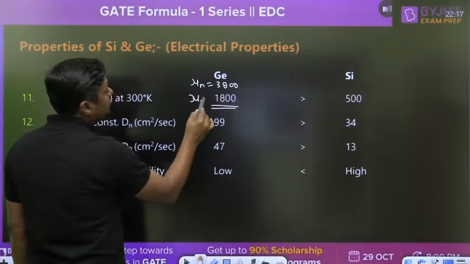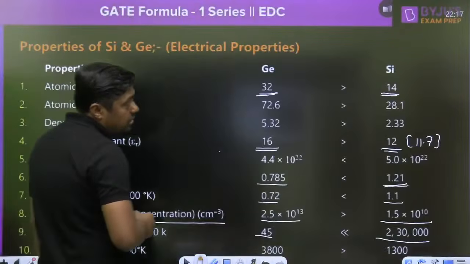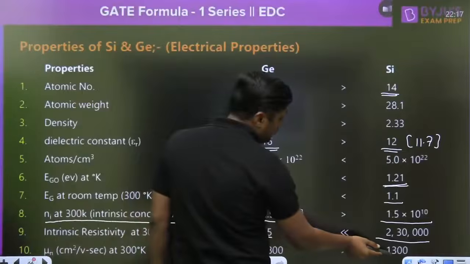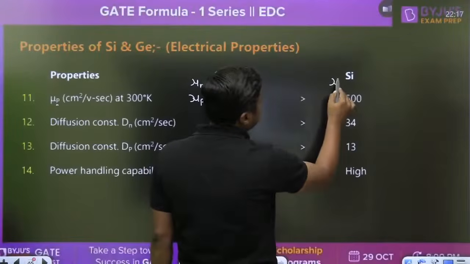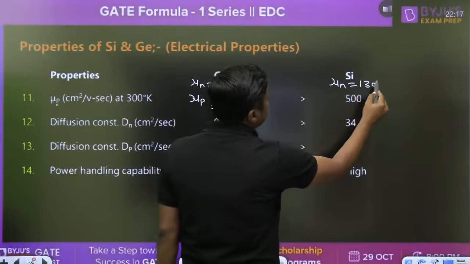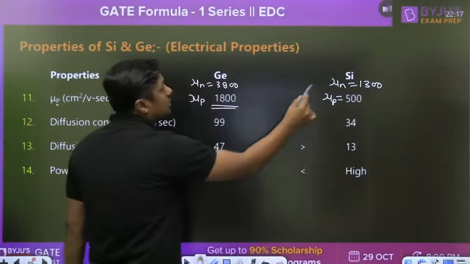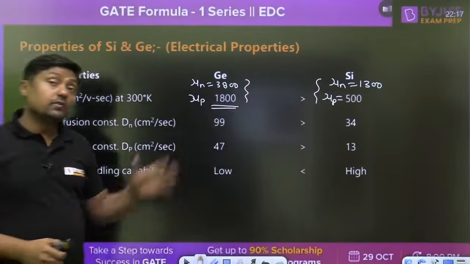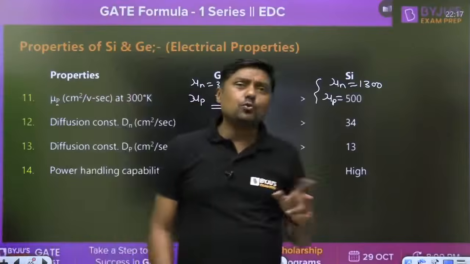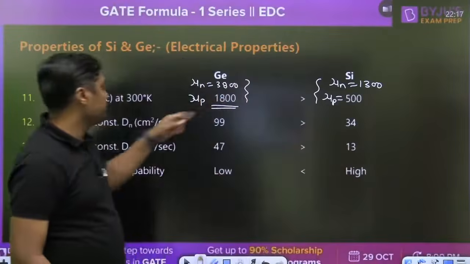This is the mu p. Mu n is greater than mu p. Similarly, what is the mobility of electron in case of silicon? 1300. And what is this? 500 for holes. That is for silicon and that is for germanium. So you can find the ratio of that between 2 and 3. That mu n by mu p is between 2 and 3.